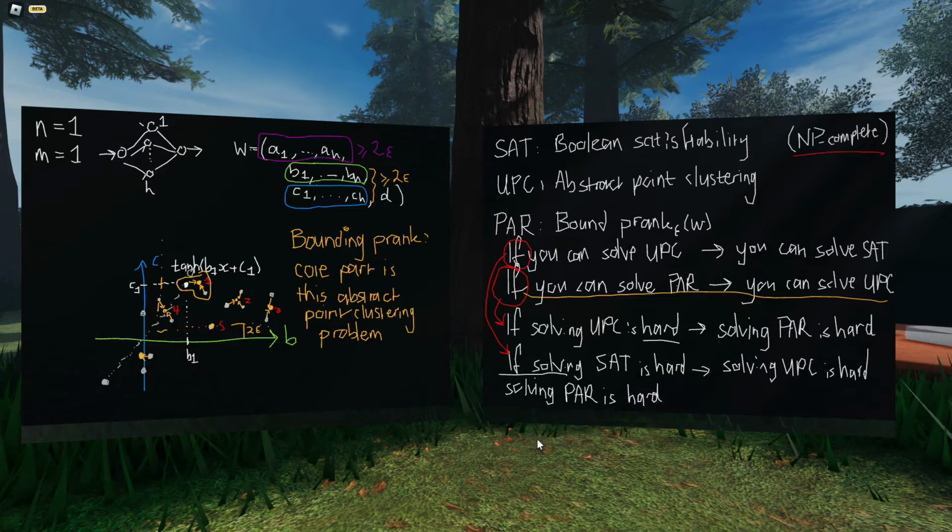The big proof is the link between UPC and SAT. And this one's also, I think, a little more fun than the PAR one, that other step, because it involves building circuits with points in the plane and thinking about the different ways of clustering them and how that relates to the satisfiability of the formula.